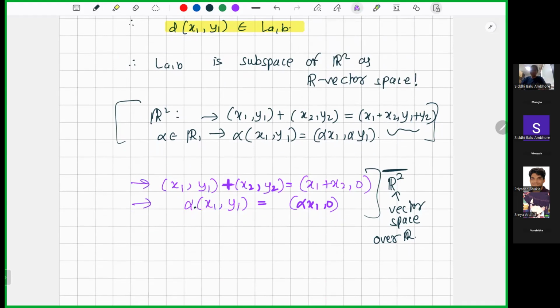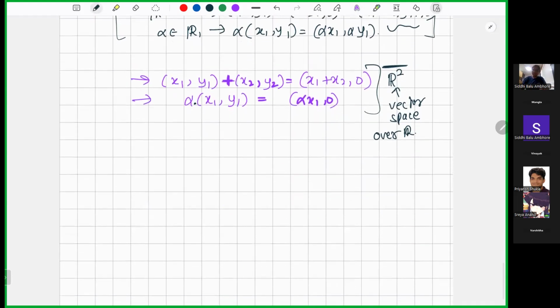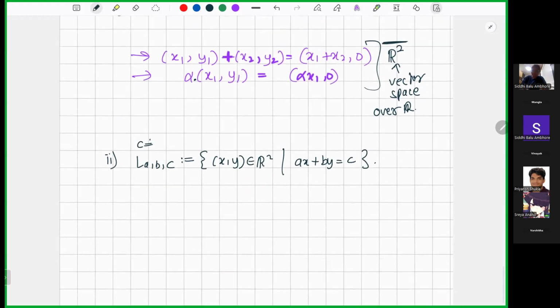Okay, I hope that is clear. Now the second part of the question they are asking is to check whether this LABC, that is, (x, y) in R2 such that ax plus by is equal to c, and this c is non-zero, by the way.